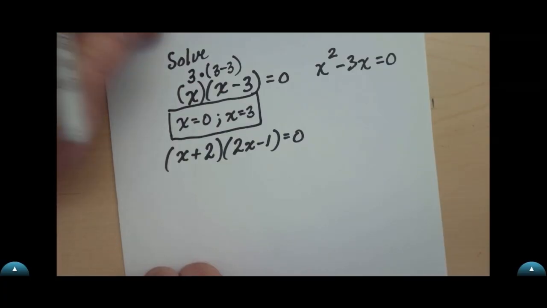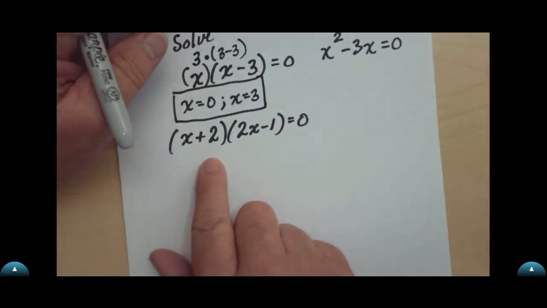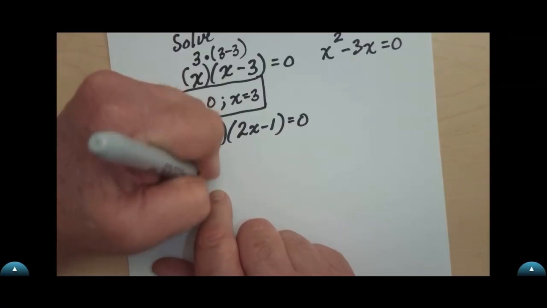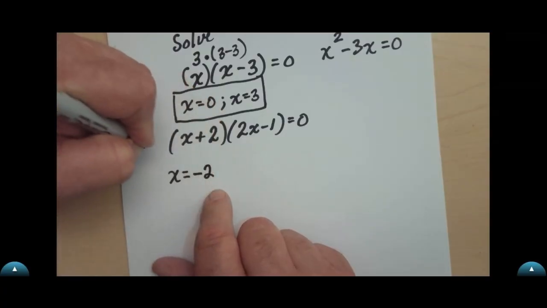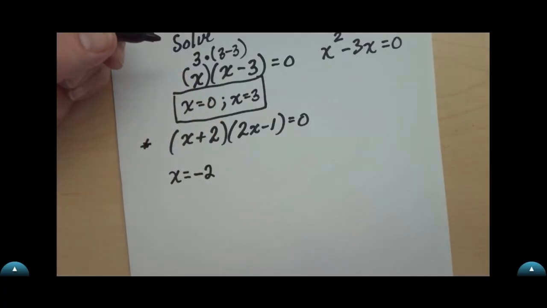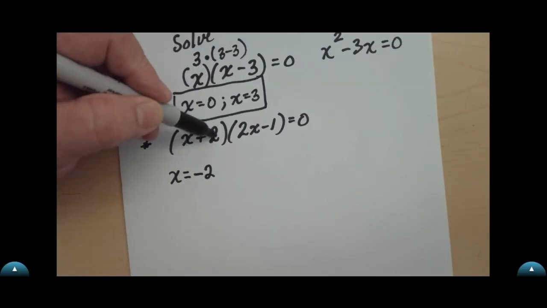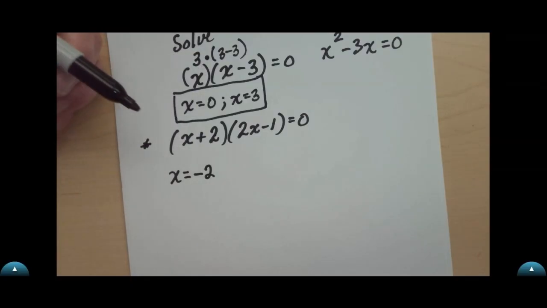Or if that's still kind of rattling around in your brain, look at this next problem. What if I replace x with negative 2 in this equation here? Won't I get 0? I mean, negative 2 plus 2 means that number would be 0.